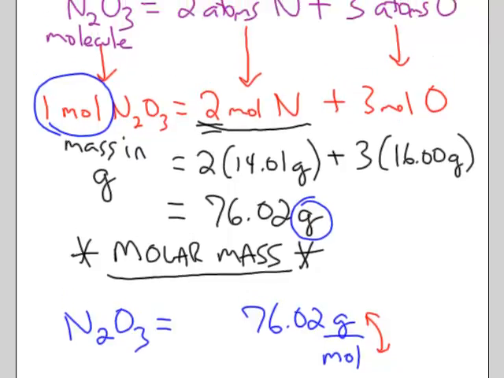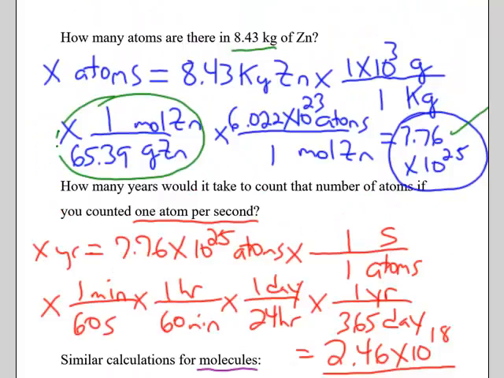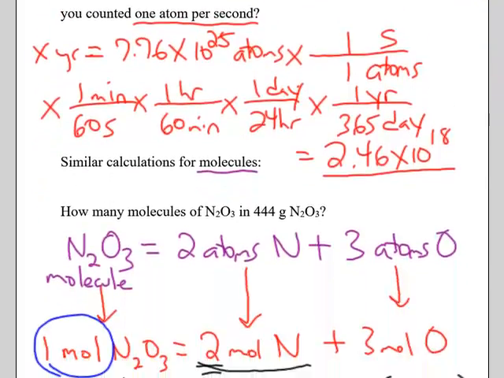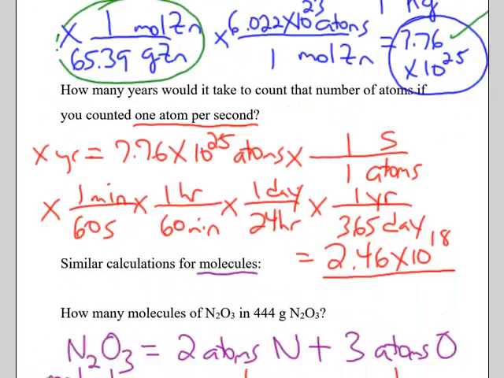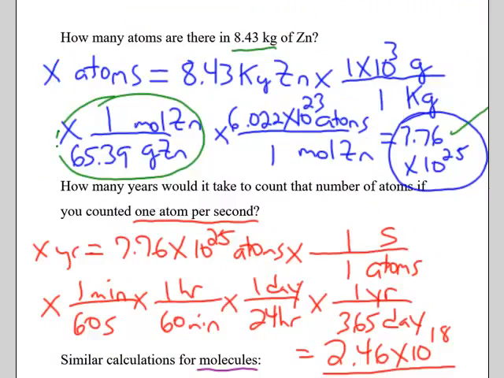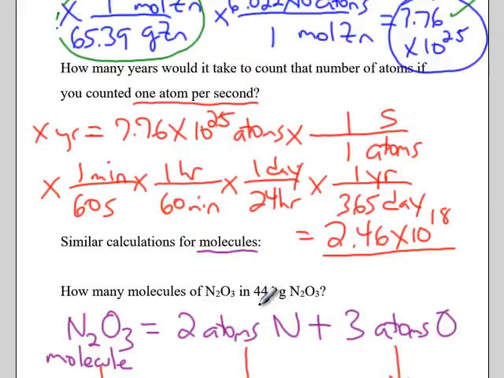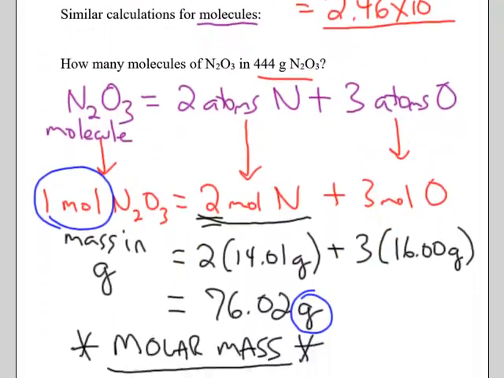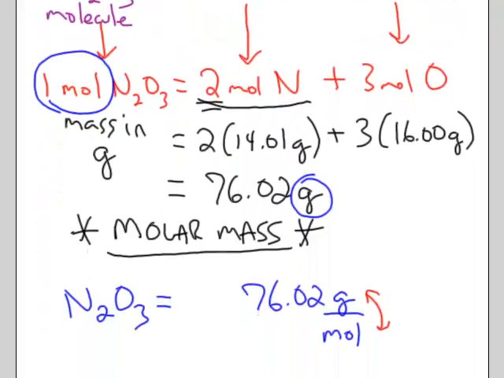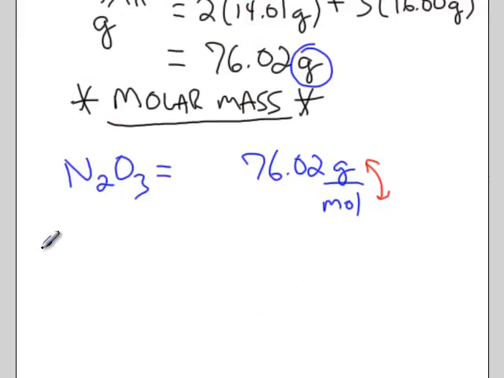So in this problem, we know we have 444 grams. So we can use that as our conversion factor.